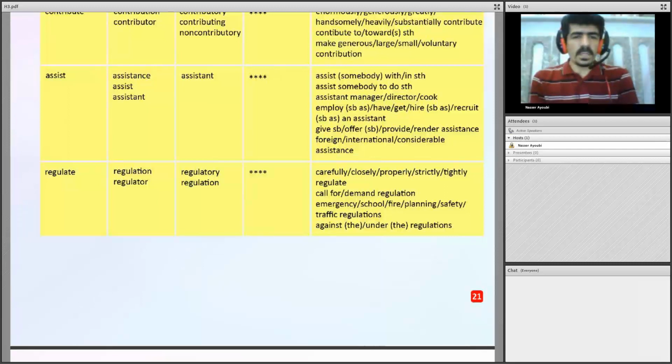Under the regulations, employers' duties under the regulations include assessment of suitable equipment, maintenance information, instruction, and training.